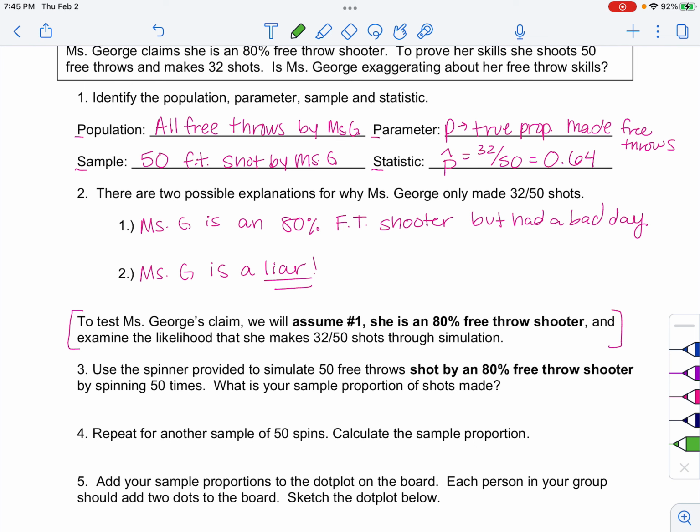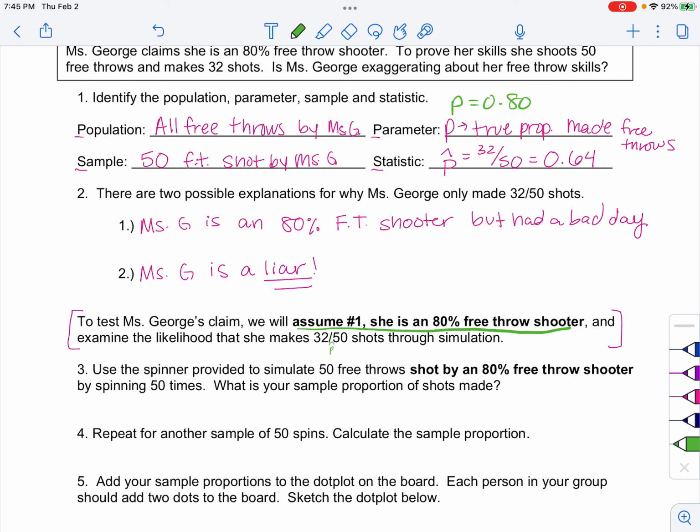We are going to first assume that she is an 80% free throw shooter. We are going to assume that P is 0.80. We're going to assume that my claim is true. Then we're going to examine the likelihood of getting my sample statistic, P hat, if the claim is true.